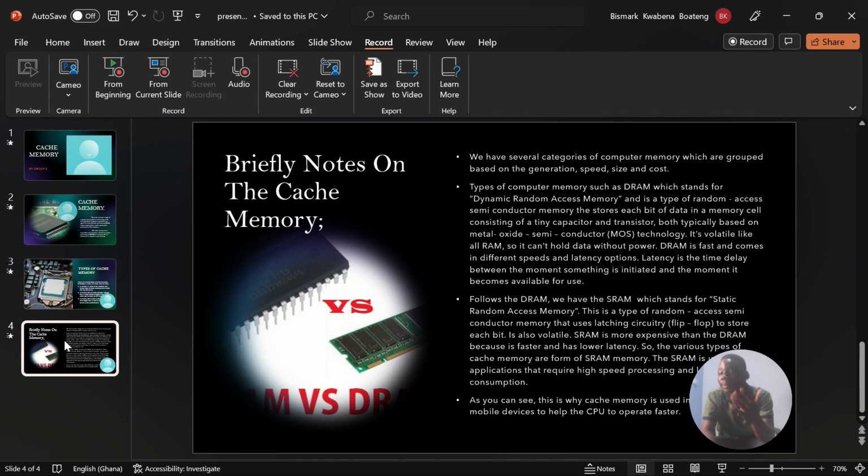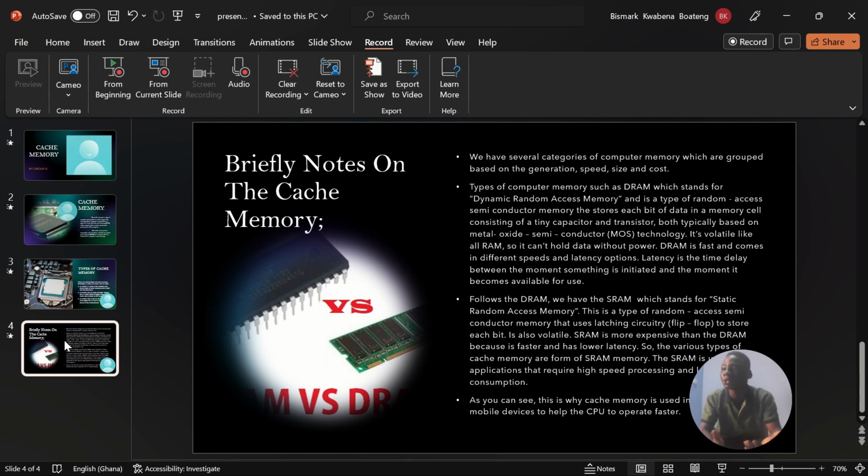These are brief notes on the cache memory. We have several categories of computer memory, which are grouped based on the generation, speed, size, and cost. Every generation has its own group of memories, with its speed, cost, and size.